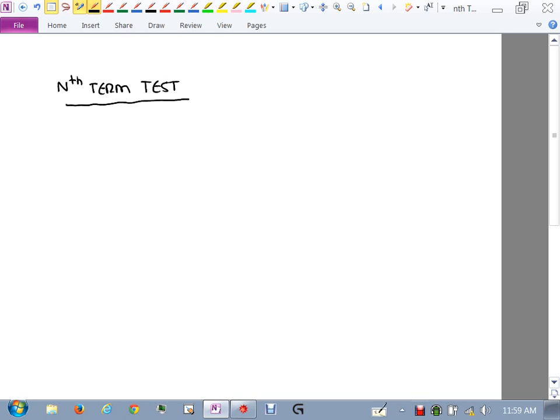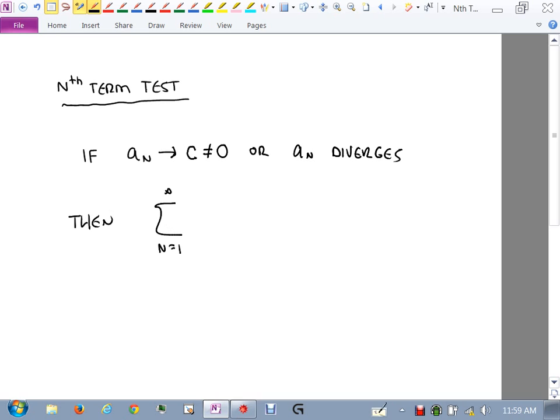The Nth Term Test says if you have a sub n converging to a constant c which is not equal to 0, or if a sub n diverges, then what can we say about the infinite series of a sub n? It diverges. That's called the Nth Term Test.